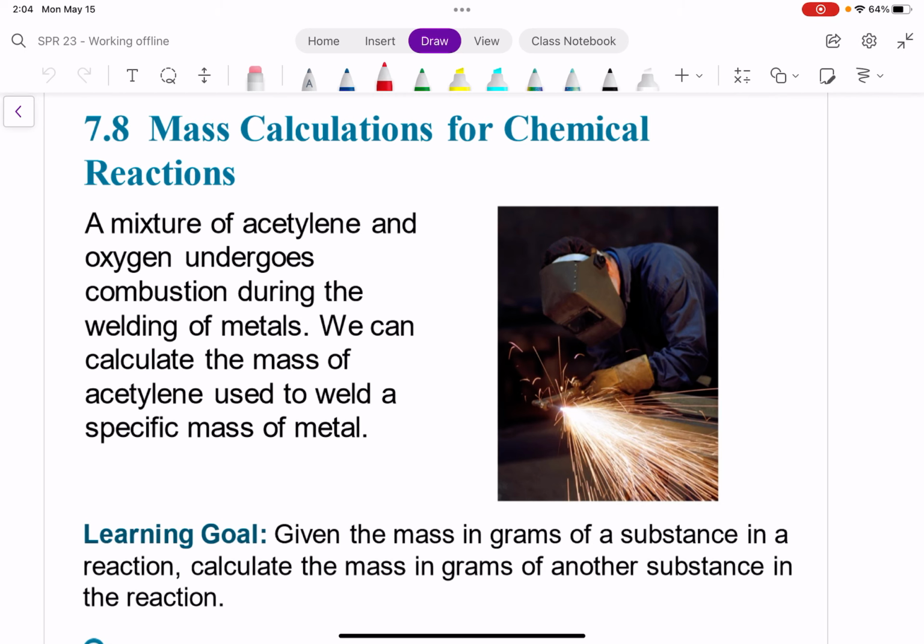And in this video, we're going to take it one step further and talk about how to go from moles to mass using those chemical reactions. So if you know how many moles you have, you can calculate the mass of either your reactants or your products.